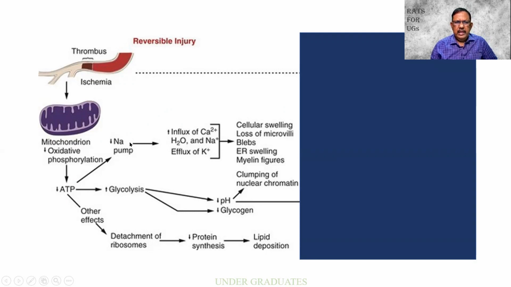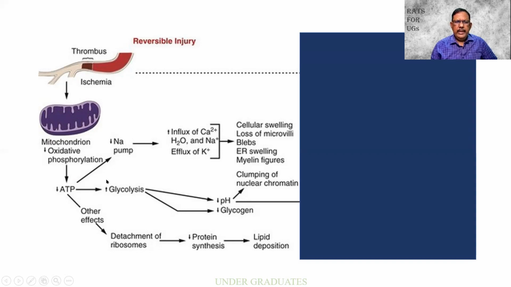There is a failure of the sodium pump, because of which there can be an inflow of calcium. We call it influx: water and sodium. The pump has failed, so it is not able to pump it out. Therefore, these materials start coming inside. Whenever the sodium comes inside, potassium goes out. This is called efflux. And these will cause a lot of changes such as these, which will be shown diagrammatically: cellular swelling, microvilli lost, blebs, endoplasmic reticulum swelling, myelin figures, etc.